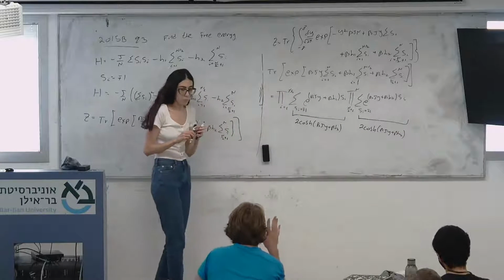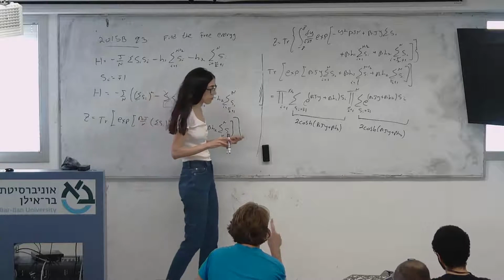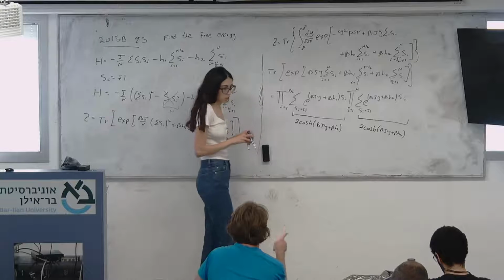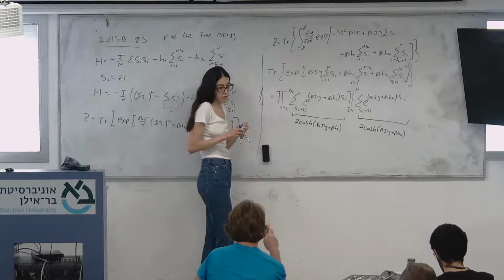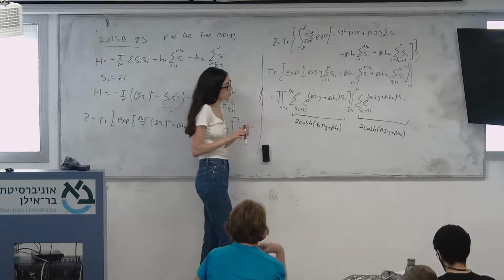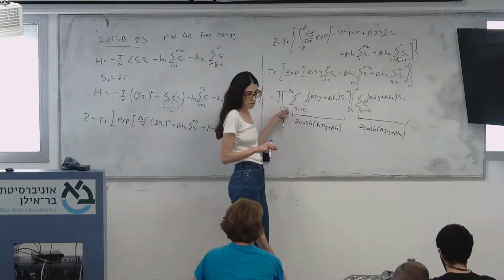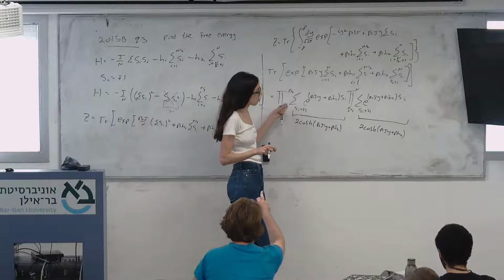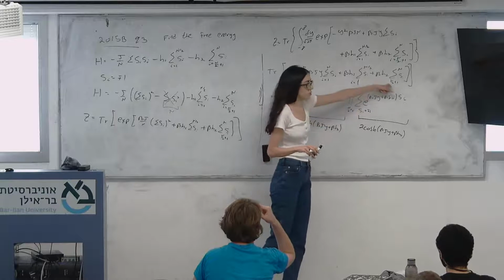Just the sum. The n over 2 plus 1 is because the index starts there, but it doesn't matter. This corresponds to that sum, and that one corresponds to that sum.